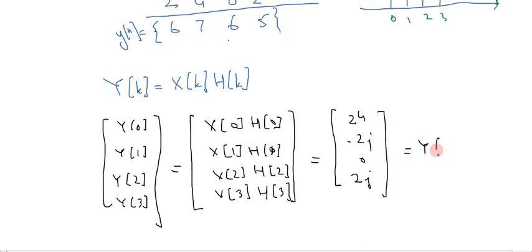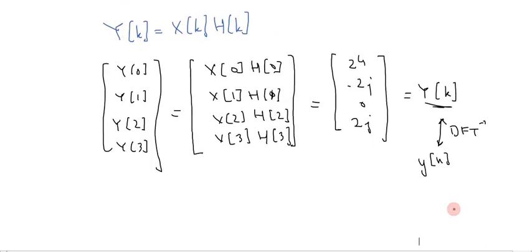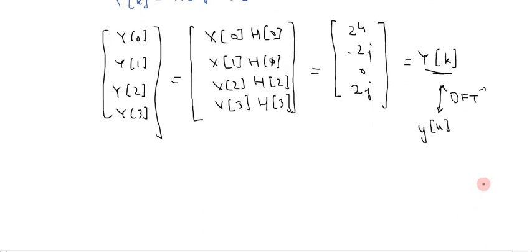Now in order to find the circular convolution of x of n and h of n, you have to take the inverse discrete Fourier transform of this y of k. So this y will be equal to the inverse DFT of y.